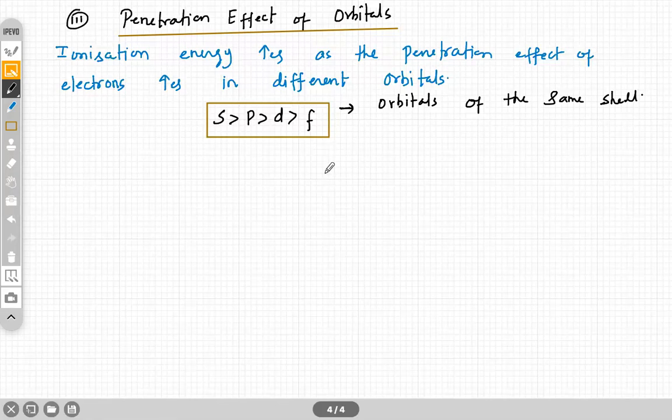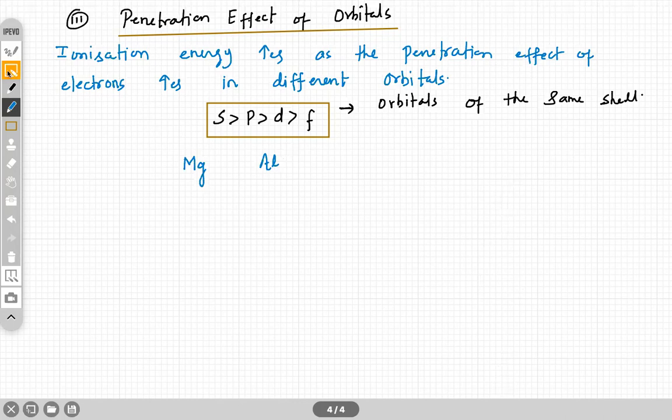For example, suppose I ask you to compare the ionization energy of magnesium and aluminium. Which one has more ionization energy? Magnesium.